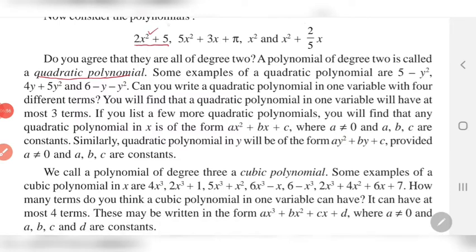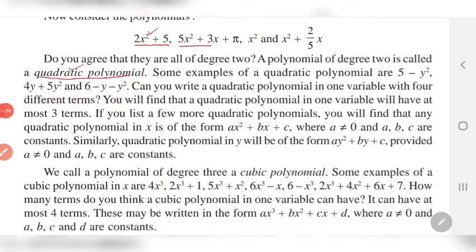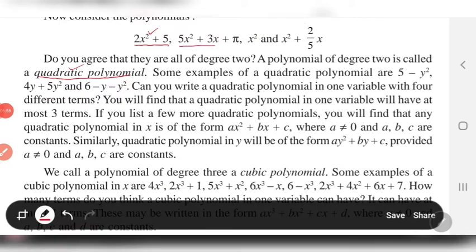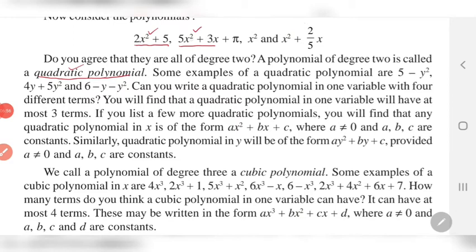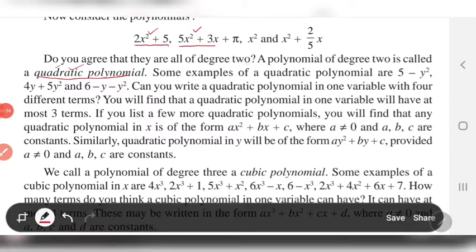If the exponent is 2, it is known as quadratic polynomial. One more example, 5x square plus thrice x. Here also the variable x has the highest exponent, that is 2. So if the variable's exponent is 2, we call it a quadratic polynomial.